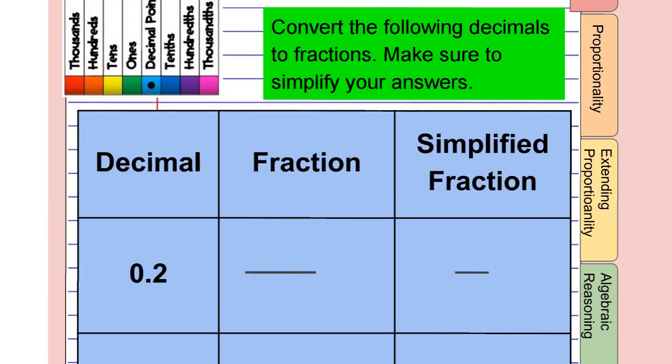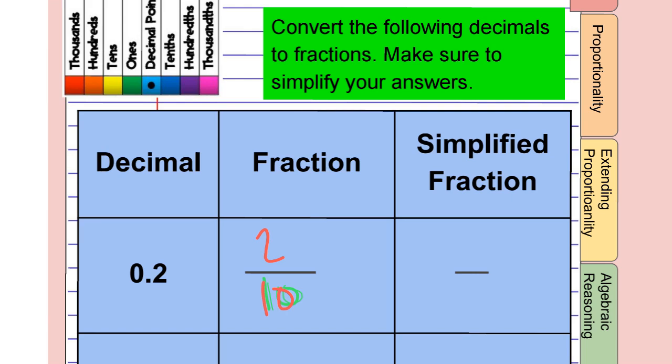Okay, so our first decimal is 0.2, but remember, I'm not going to say it like that. I'm going to say 0 and 2 tenths because there's only one number after the decimal point. Okay, so tenths means that it's going to be over the number 10. And we have 2 tenths, so that means we're going to have 2 over 10.